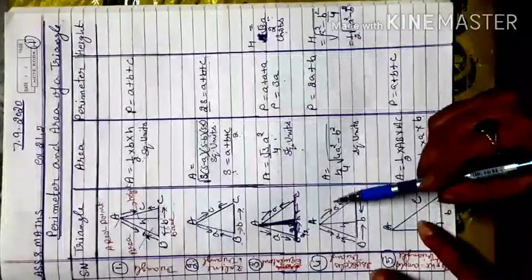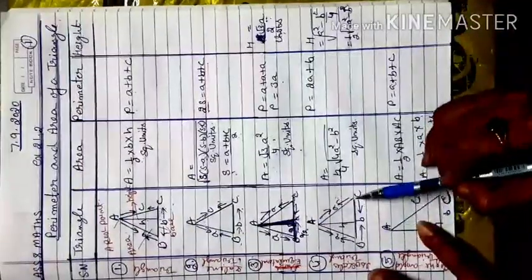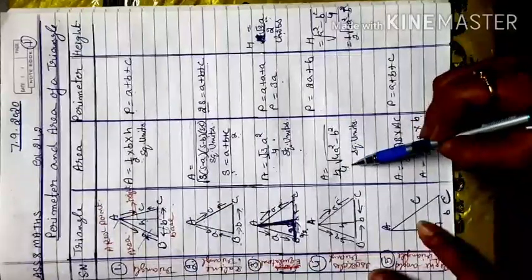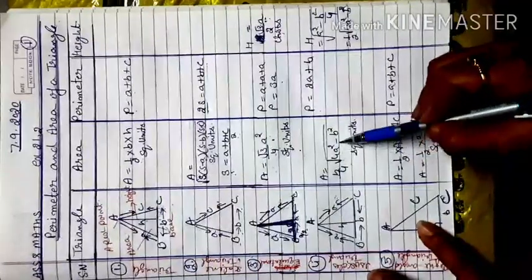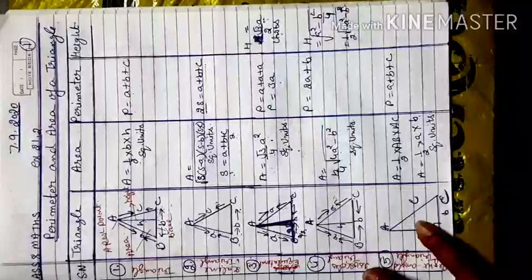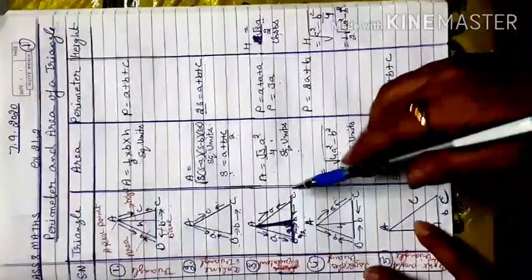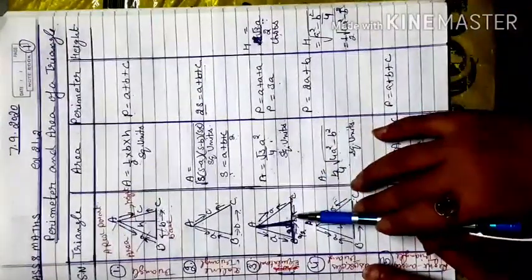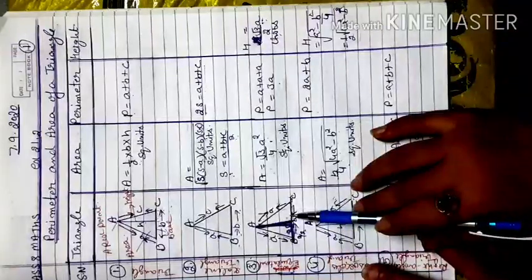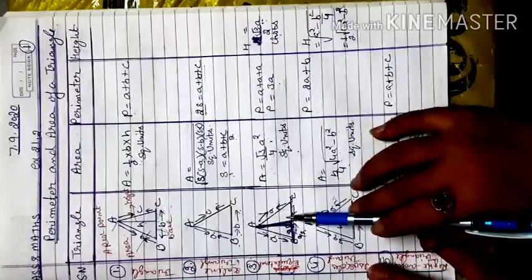isosceles triangle. Two sides are the same, but this one is different, and the area is b by 4 root 4a square minus b square. Actually in this case the concept is the same as what we have done in the third step to identify the formula here.